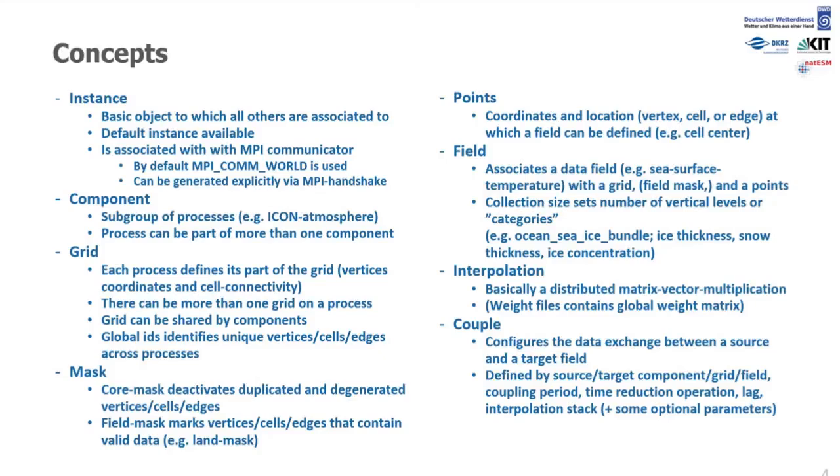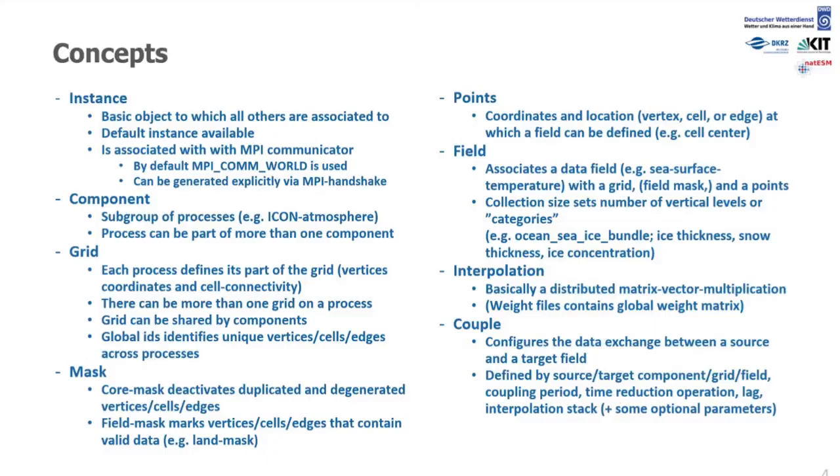Then you have the so-called points. These are the coordinates and the location of the coordinates, in this case, usually vertex, cell, or edge, at which a field is defined. In ICON, these are usually the cell centers. You have to provide the coordinates of the cell centers and tell YAC these centers are the centers of cells.